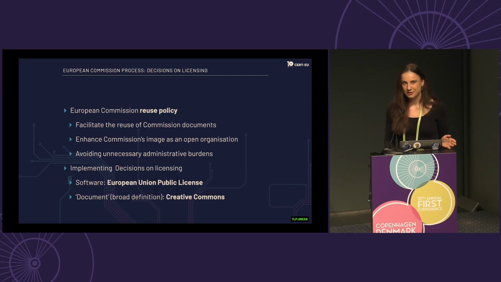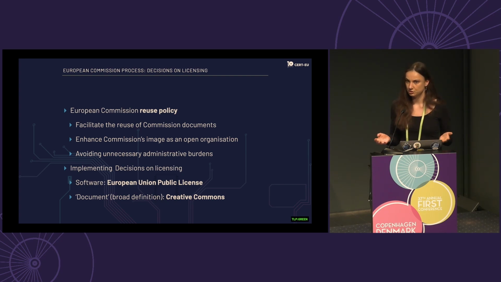But apart from the registration, actually the more relevant part, and also from the legal side, is then to decide which license to use. And this is also part of the broader policy of the European Commission about the reuse of documents, which is built on 3 main objectives. So really to facilitate the reuse of Commission documents.